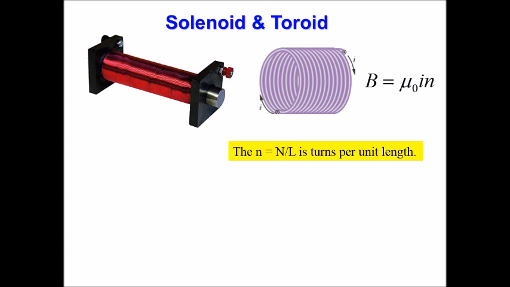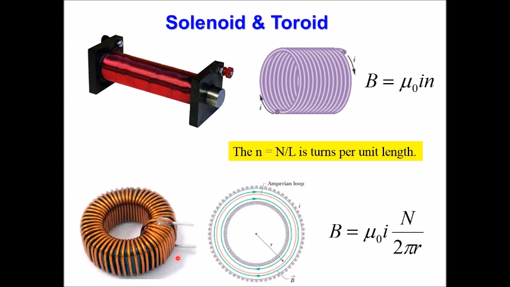Another version of that: if you form a solenoid with turns in the form of a donut, you will have what we call a toroid. And here also, if you increase the number of turns, you are increasing the field. The difference is that in the solenoid the field is quite uniform, and in the toroid the field is changing with radial distance r.